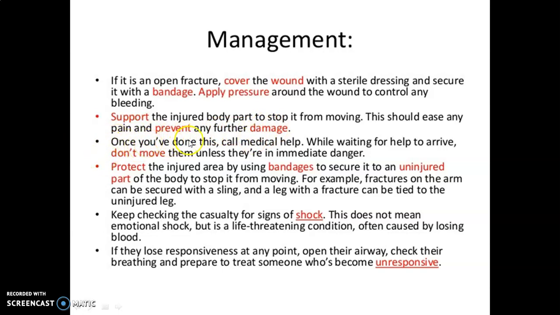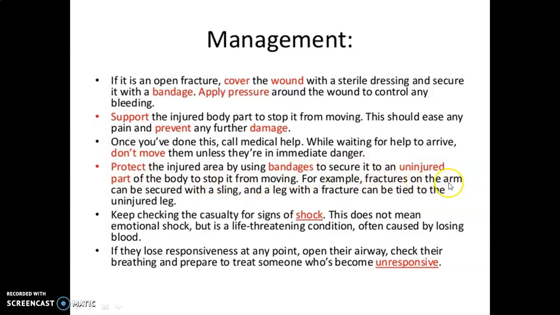Once you have done this, call for medical help. While waiting for help to arrive, don't move them unless they are in immediate danger. Then protect the injured area by using bandages to secure it to an uninjured part of the body to stop it from moving.